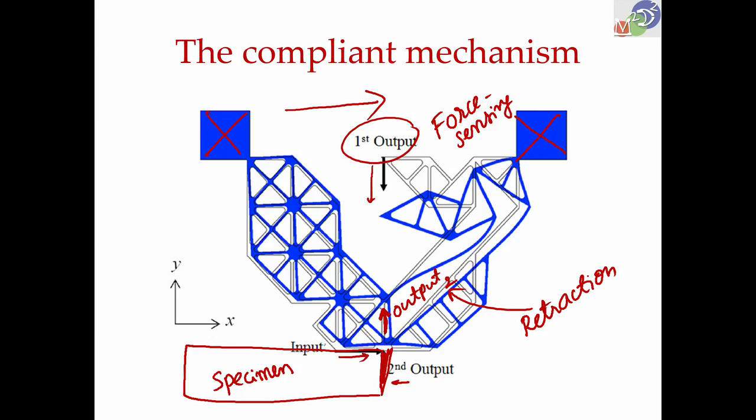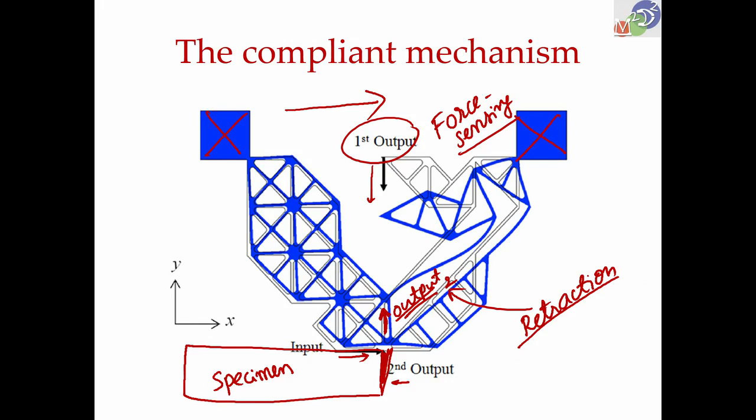Okay. And when the force exceeds a certain value, then this displacement of the scalpel, this output 2, will be so much that it will not cut anymore. That is the idea. So, on the one hand we are able to sense force, on the other hand we are able to retract when cutting force exceeds a certain value for which we design the mechanism.